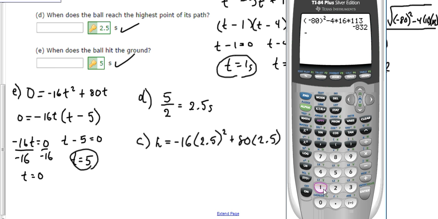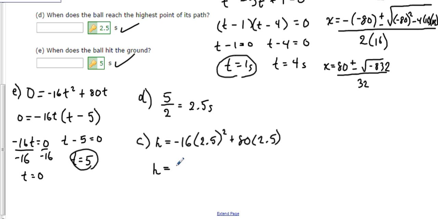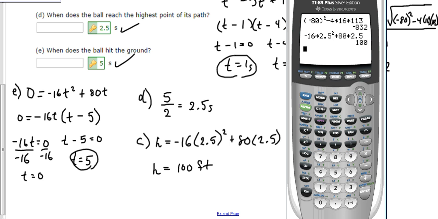We have negative 16 times 2.5 squared plus 80 times 2.5. And we see that happens at a height of 100 feet.